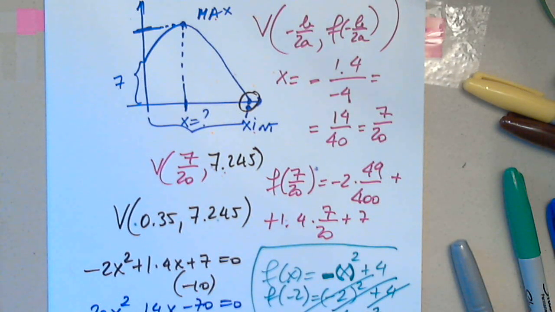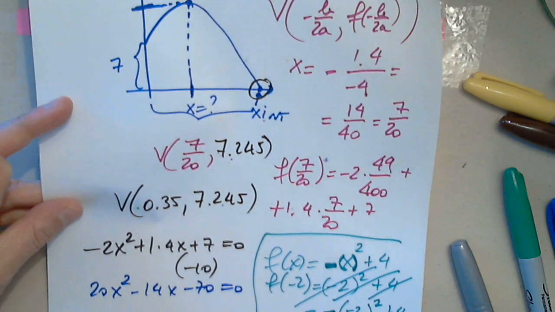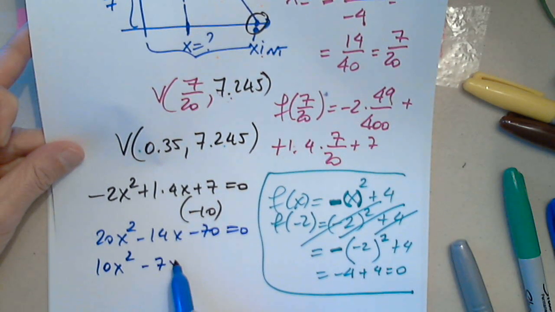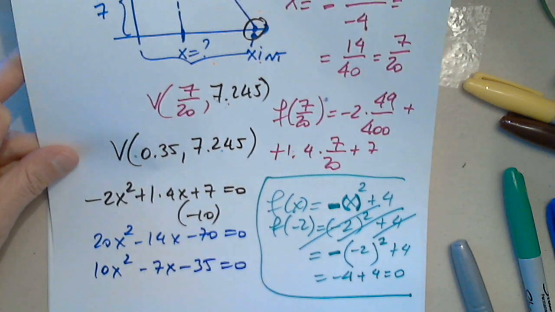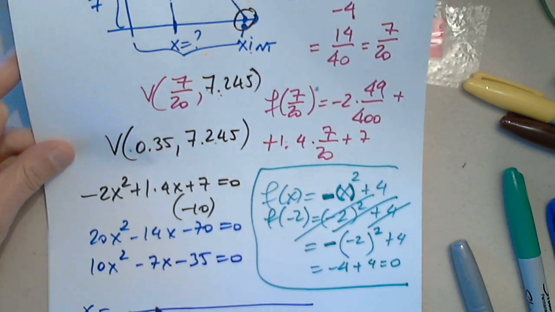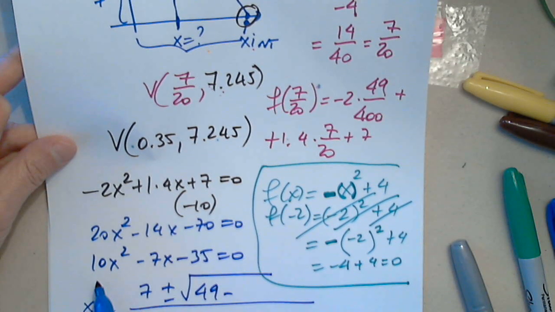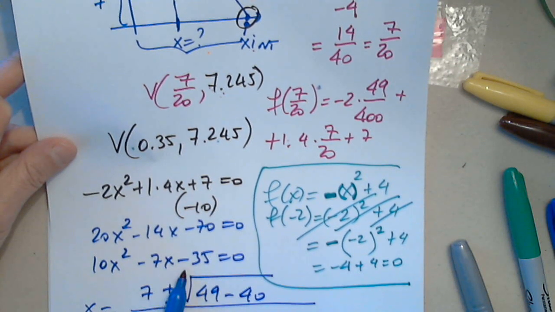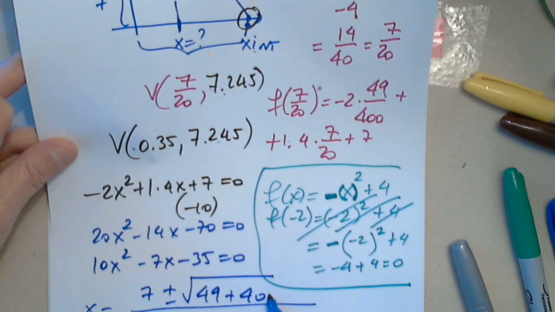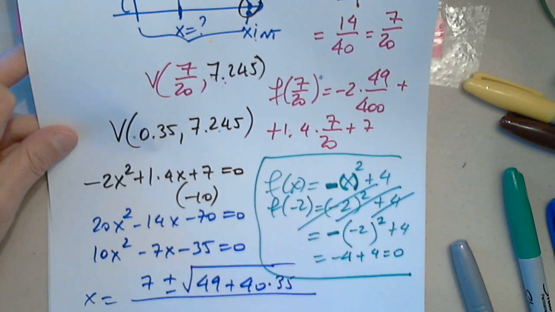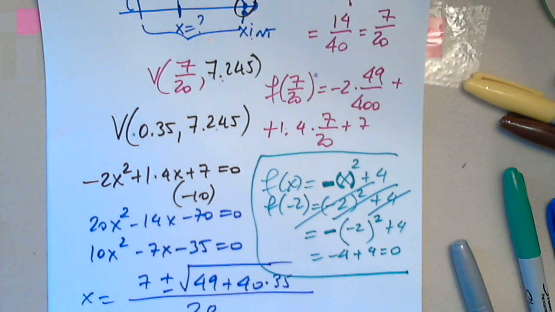Because I want to get rid of decimal numbers. I will divide both sides by 2 to make it as easy as possible. Now I have no choice but to use the quadratic formula: -b plus or minus the square root of b squared minus 4ac, but I'm not going to put minus to mess my calculations up. I'm just going to put plus and divide it by 2a.